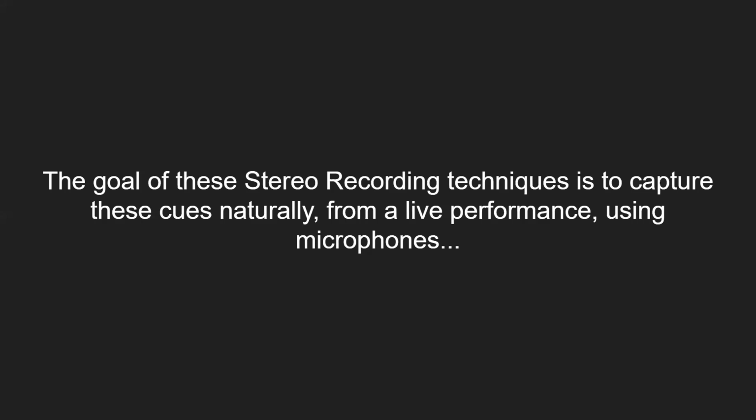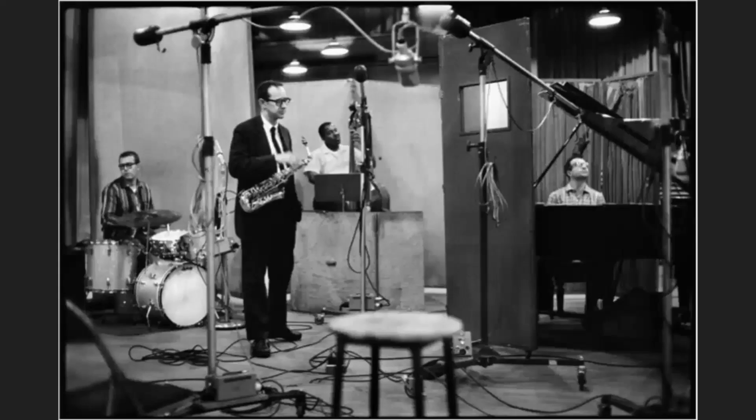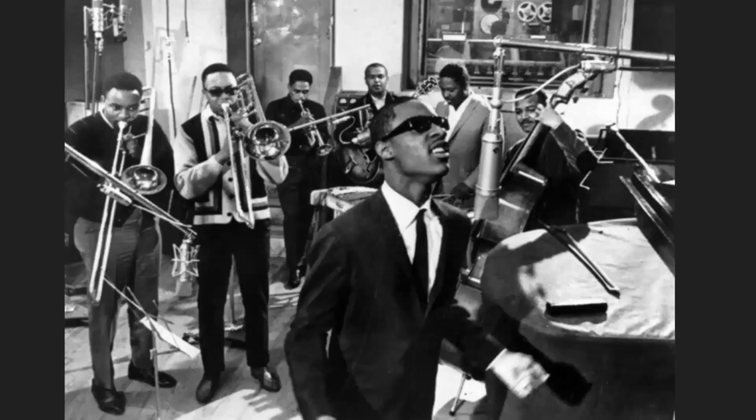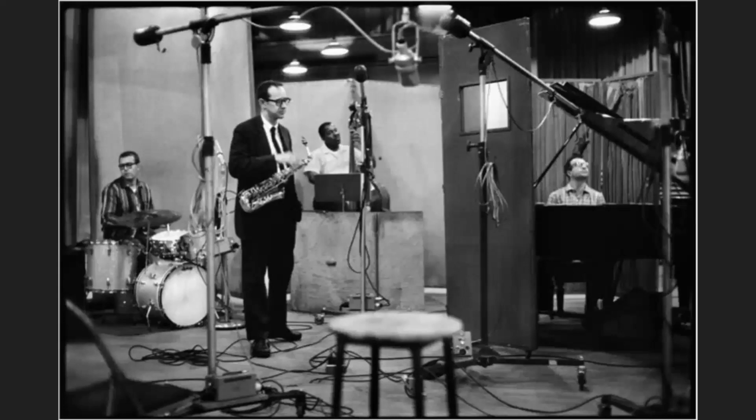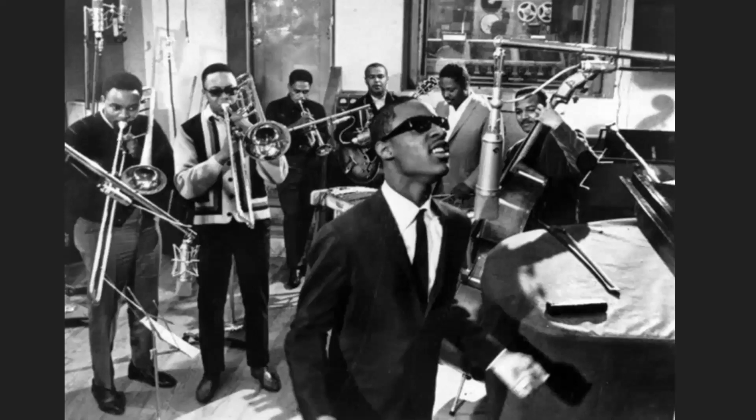The goal of these recording techniques is to capture all of these cues naturally from the live performance using microphones. And now if you look at pictures of classic recordings, so here's the Dave Brubeck trio, here's Stevie Wonder, here's a classical recording. You look at any of these, the microphones are not right up against the horn, it's not right up against the drum kit.